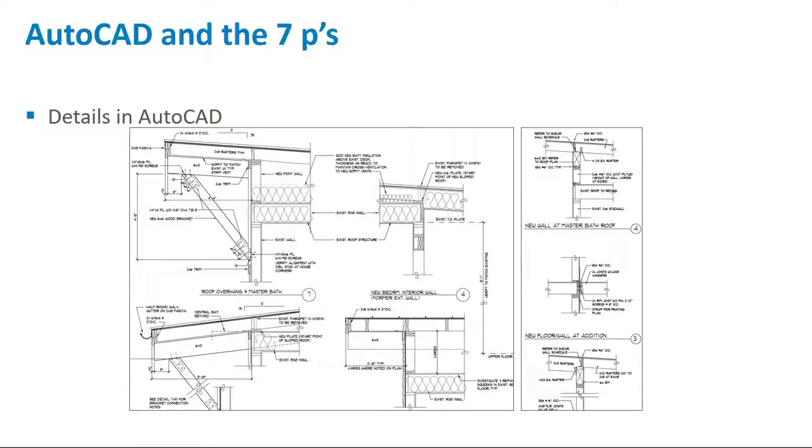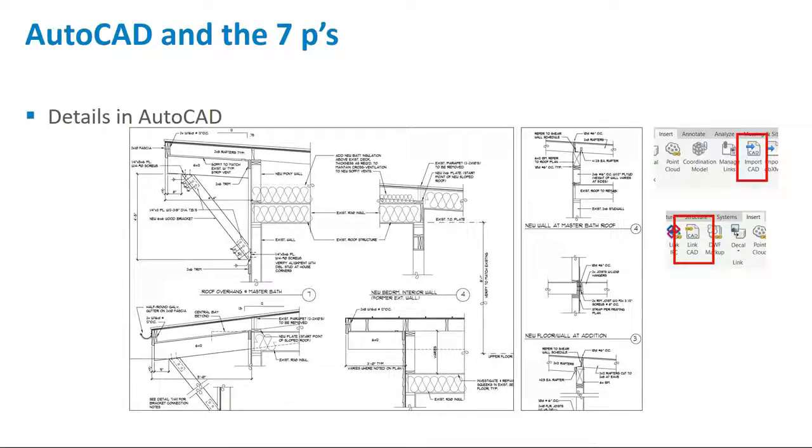So there are several ways of working with it. You could just insert the DWG into your Revit project. As I said before, it's probably not the best practice. My preferred option would be to link it if you're going to do it.